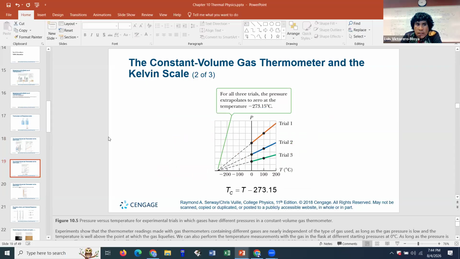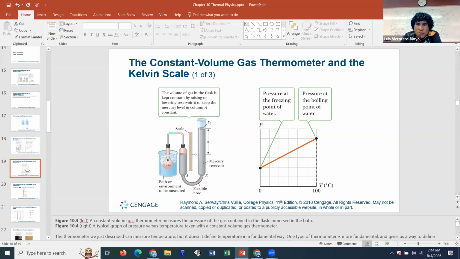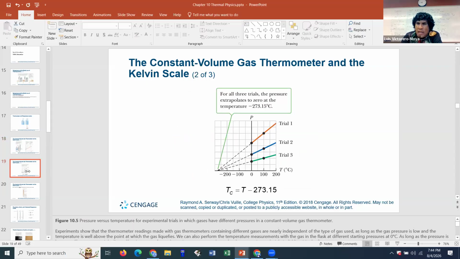So in here, you have a plot of pressure versus temperature. And there is a linear relationship, right? The more pressure, the more temperature, right? That makes sense, right? Pressure is force, more energy, more temperature. I mean, kind of, right? Correlates.